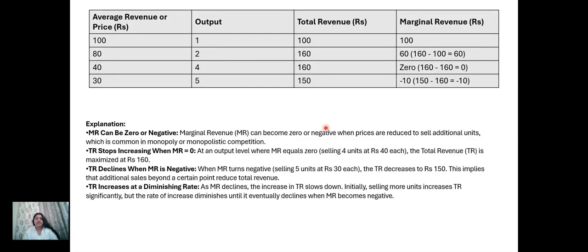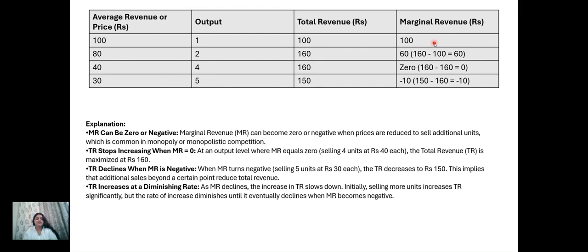In this table you can see that MR can be negative or zero, like in the first table we discussed. TR stops increasing when MR is equal to zero. TR declines when MR is negative, and TR increases at a diminishing rate. When total revenue is 100, marginal revenue is 100, and the same with average revenue.